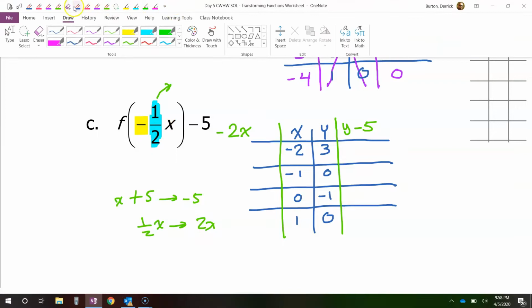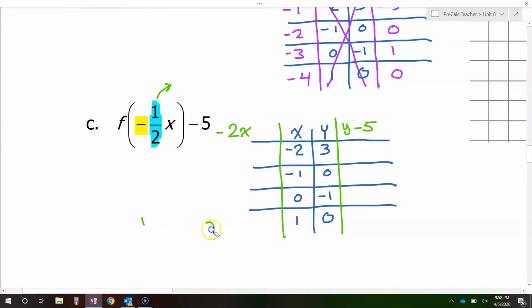All right, so anyway, we're doing negative 2x. So that's going to give me positive 4. Negative 2 times 1 is positive 2, and then 0, and then negative 2.